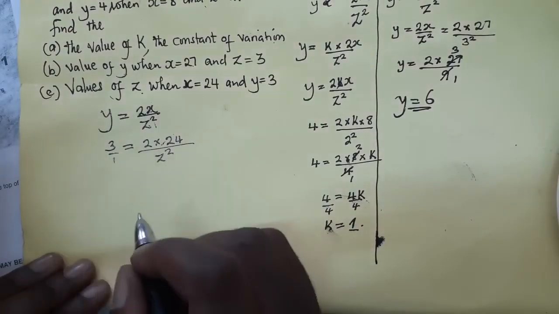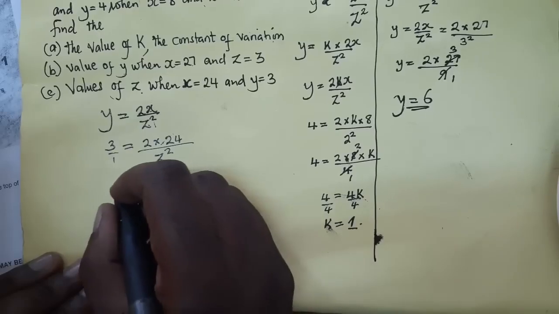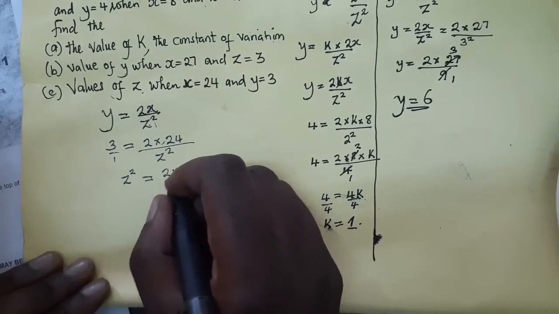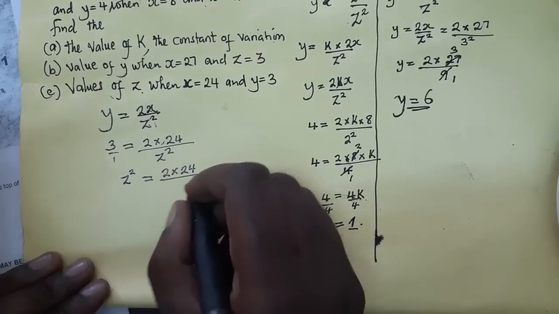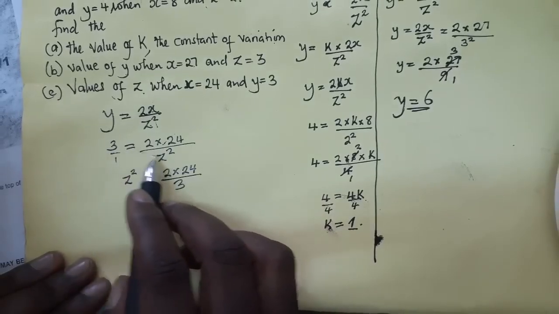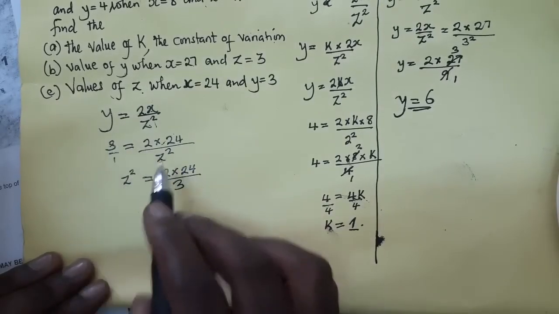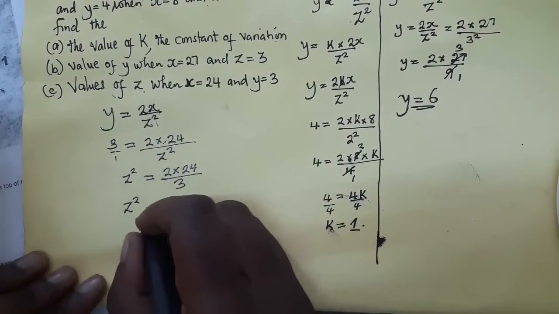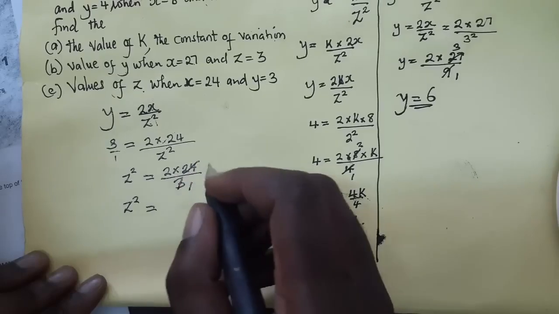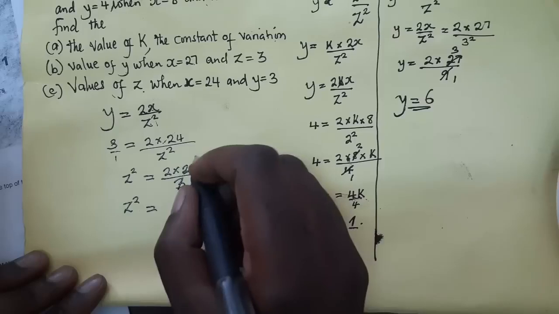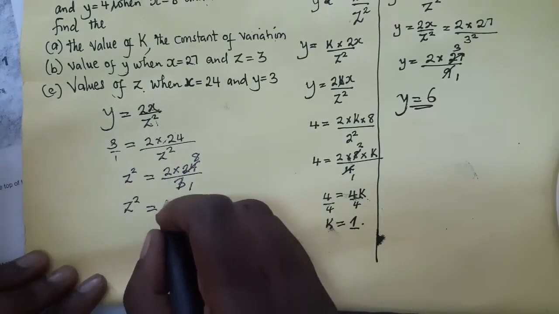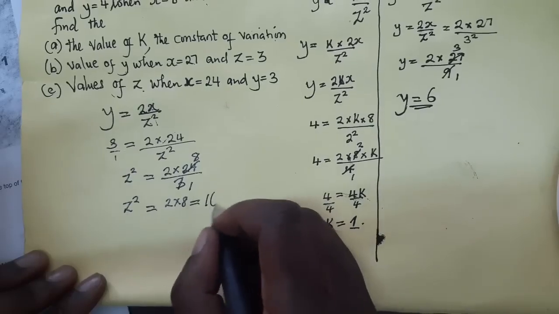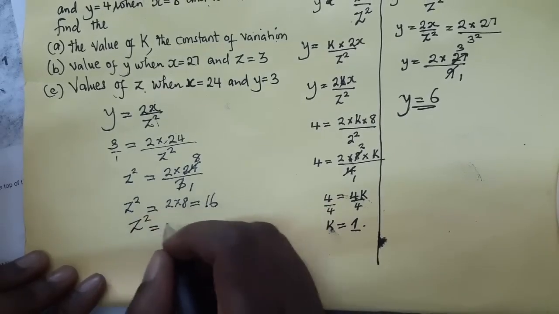So at this point, if I do cross multiplication, I'm going to have z squared is equals to 2 multiplied by 24 over 3. These will switch positions. Z squared will come here, 3 will come down there. So I go down, say z squared is equals to 3 here, 1. 3 here, what do we get? 8. Okay, so we have 2 multiplied by 8, which is equals to 16. So z squared is equals to 16.